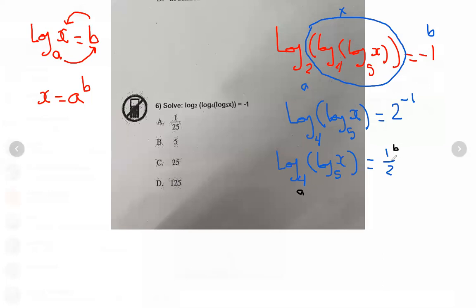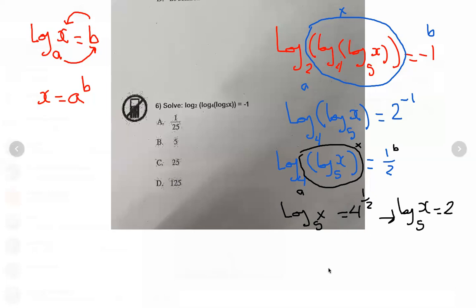This is your b, and all of this here is your x. Okay. So x, which is log base 5 x, equals a, which is 4 to the power of 1/2, which gives me log base 5 x equals 4 to the power of 1/2, which is the same as square root of 4. So that will give me 2.